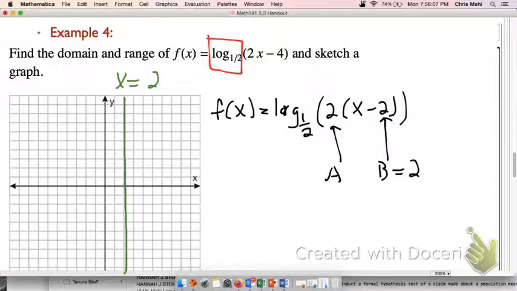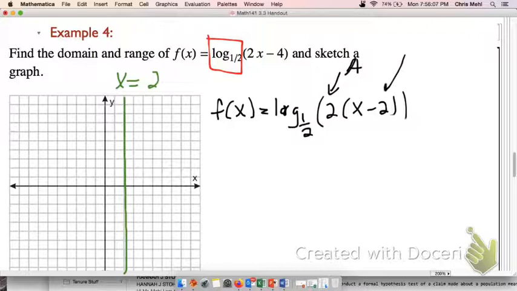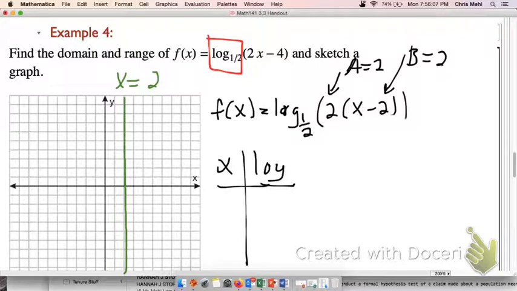Okay? Now, let me actually make some room for myself. I'm going to write this up above for a second. Let me rewrite this. Okay, a is 2, b is 2, so a equals 2, b equals 2. Now, if you look at the previous example, we got 3 points that were on the graph of log base 1/2 of x.